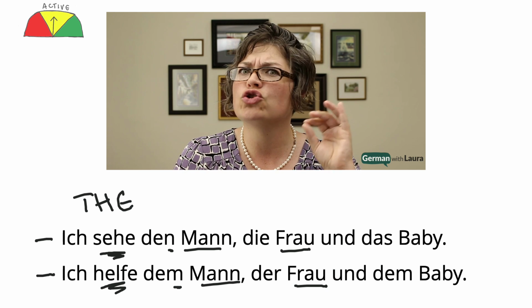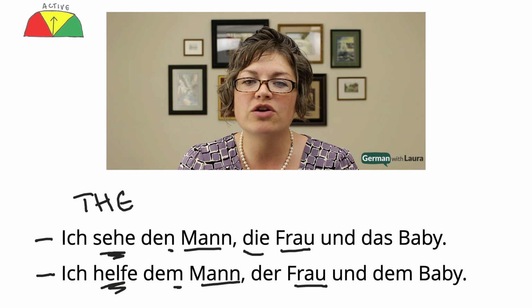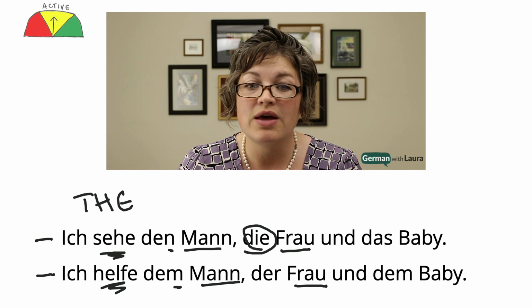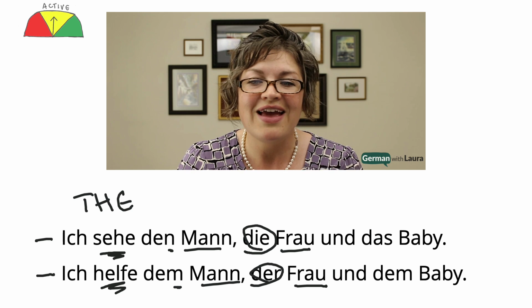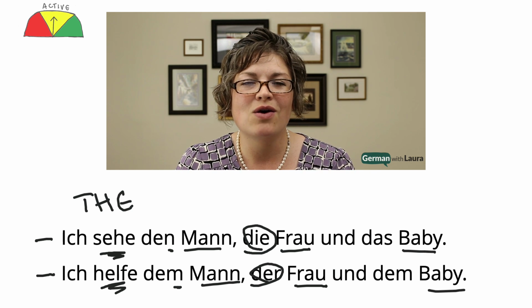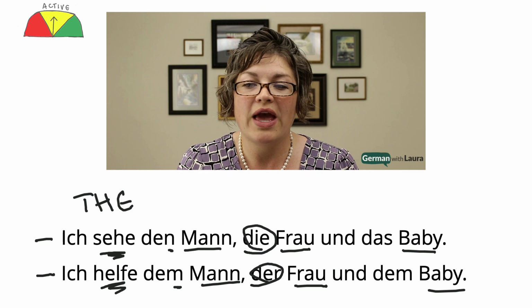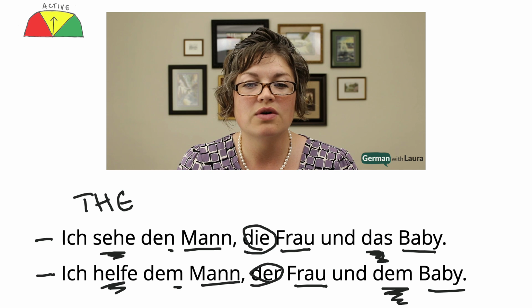Both times it translates to the woman, and yet here in German it is die Frau, and yet when we're helping her, now it is der Frau. We have the same problem with baby. We see the baby, we help the baby, but the way we're saying the changes from das to dem.